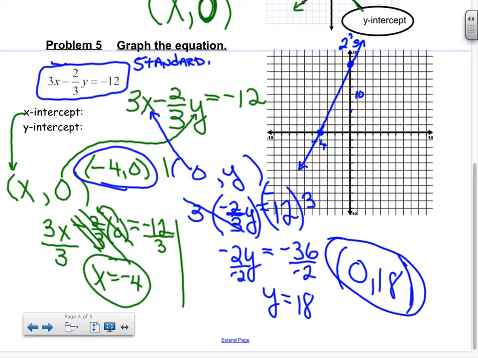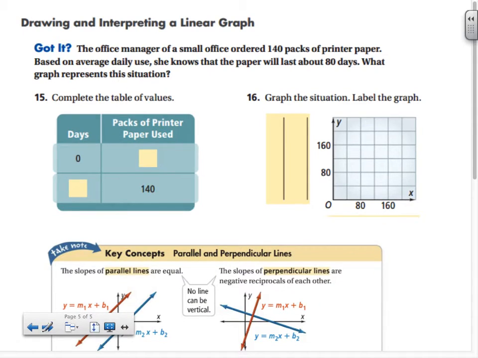Next up is, I think, your last page. This is a quick little story problem that throws slope and graphing all in one, so let's read it. The office manager of a small office ordered 140 packs of printer paper.